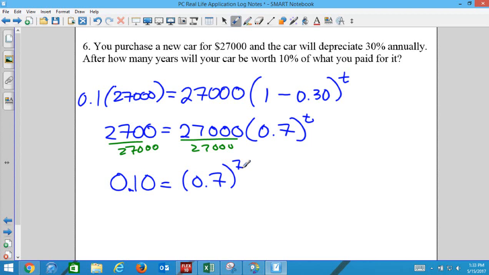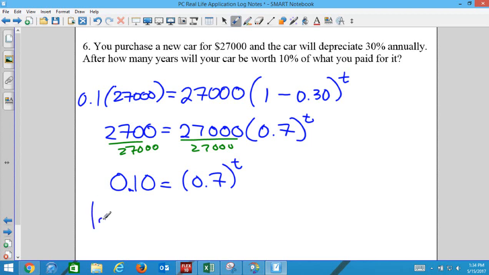So just like the doubling thing, if I want to know when it's 10%, I put that number right here with the rate, and it will tell me the answer. Okay, so what are we going to do to get t by itself? Log both sides.